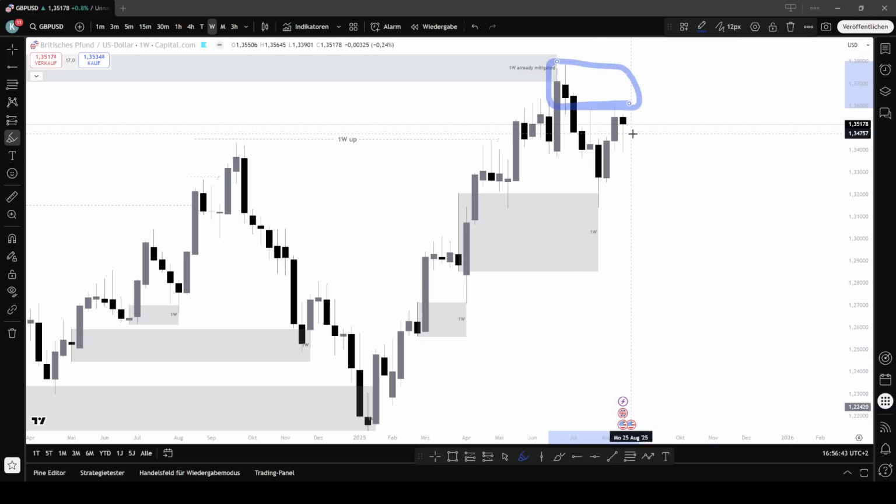So there's a probability for price to go up and sweep all this liquidity before dumping. Nevertheless, I'm expecting price to also sell, and I'm expecting price to take out this liquidity. Depending on how the market will move within the week, I'll be able to understand if I'm taking buys or sells. And so that is my analysis on the weekly time frame.